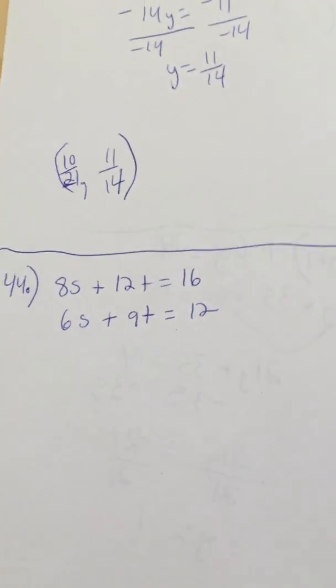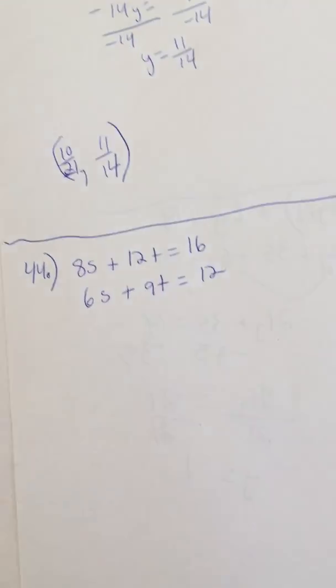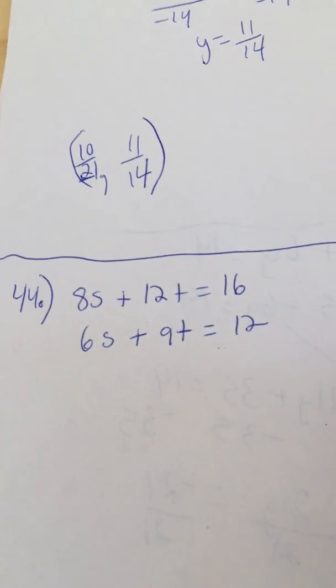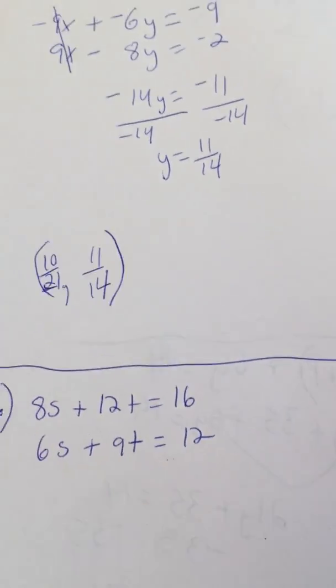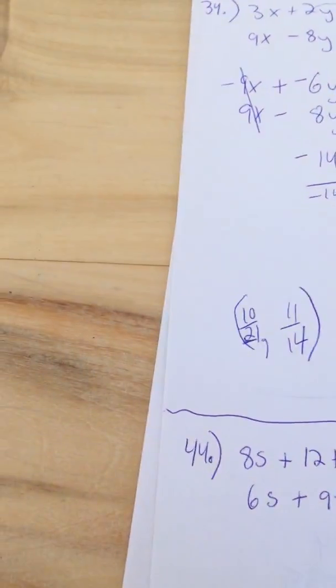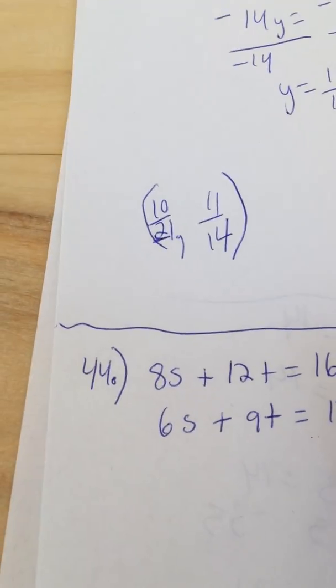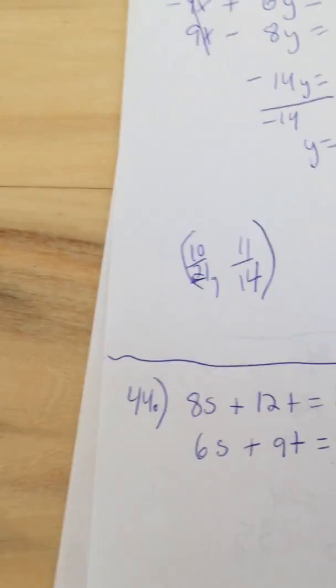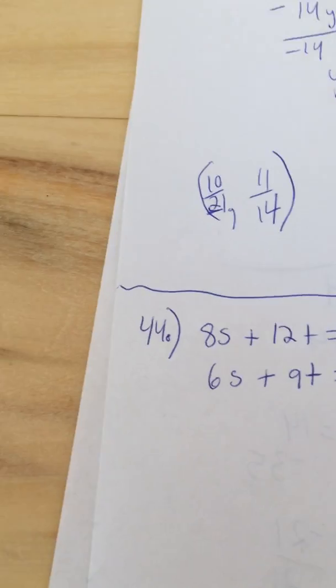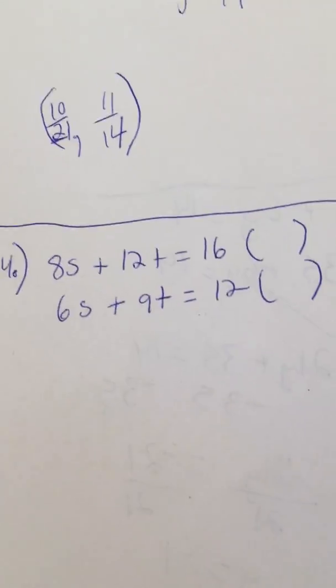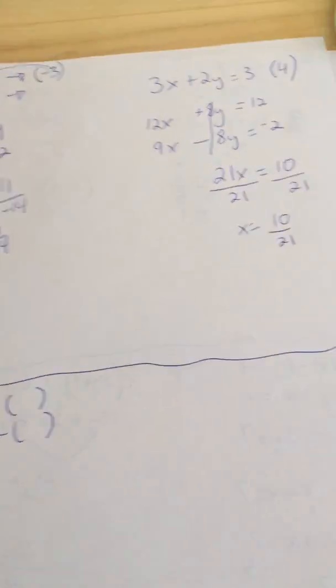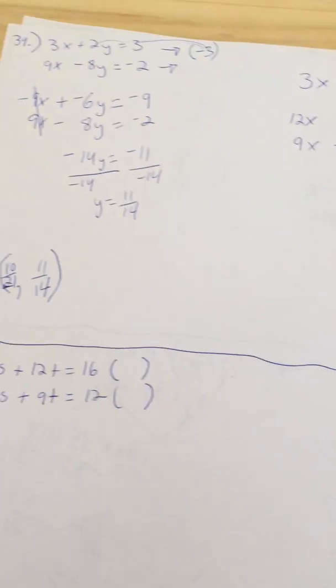Now moving on to problem 44, and again it's an elimination. And so for this elimination problem, I am going to have to multiply both of them by something because neither of them are easy right now. So I'm going to multiply by a negative and a positive.